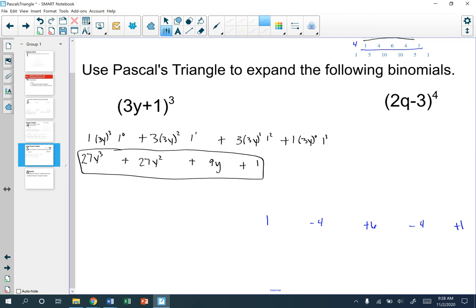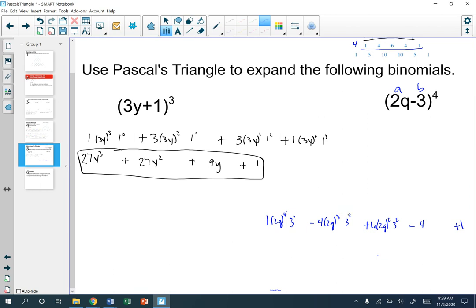Okay, so I start with this is my a value, this is my b value. A to the fourth, so 2q to the fourth times 3 to the 0, minus 4 times 2q to the 3, 3 to the 1, plus 6 times 2q squared times 3 squared.